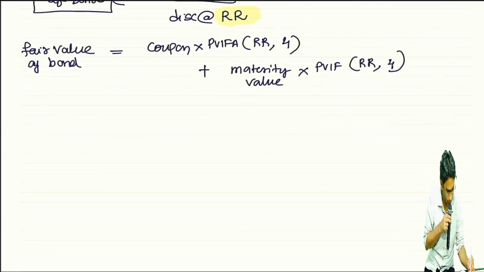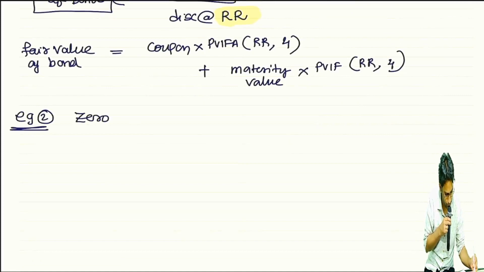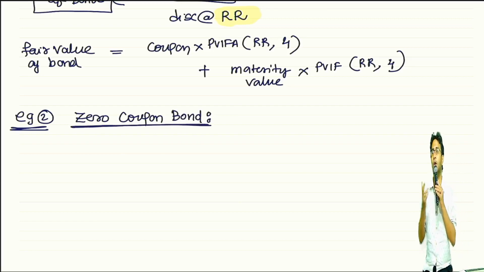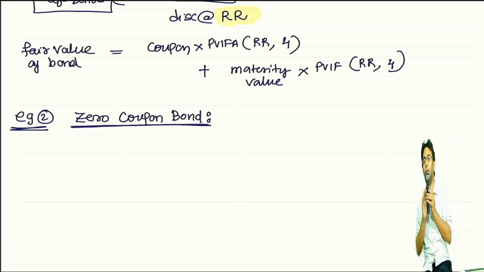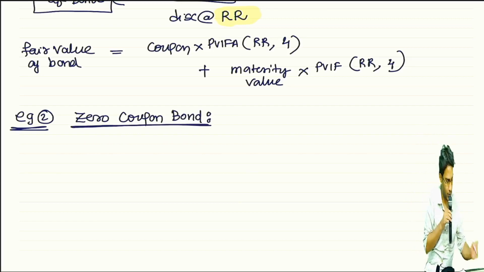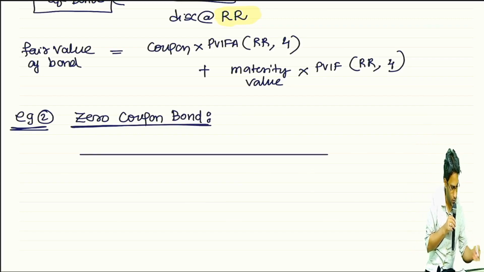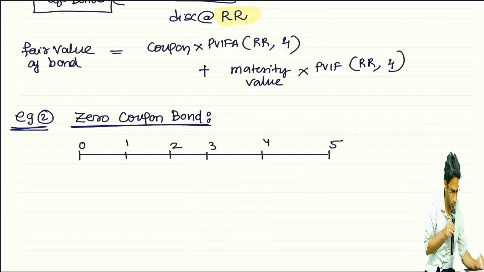Before we do that, answer this one also. Example number 2. Zero coupon bond. What is this, sir? See the name itself: zero coupon means this bond is not going to pay you any interest at all. Suppose a bond is issued by a company whose life is, let us say, 5 years.